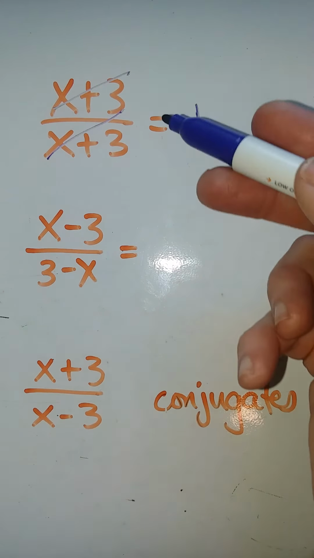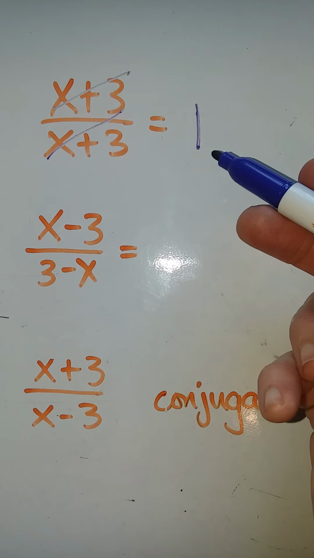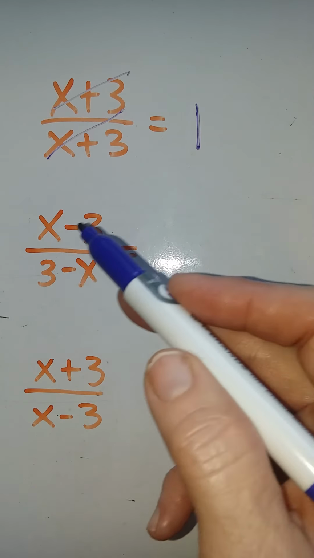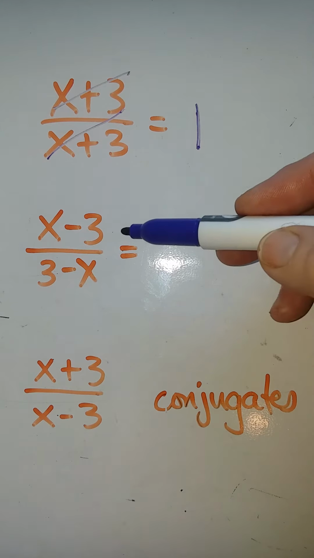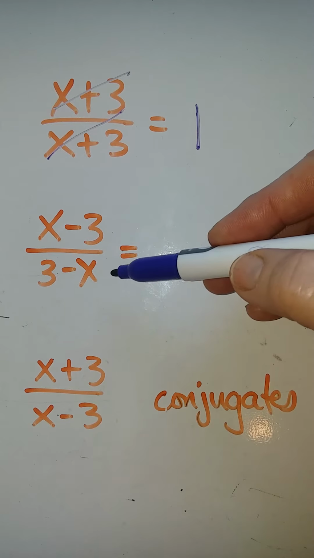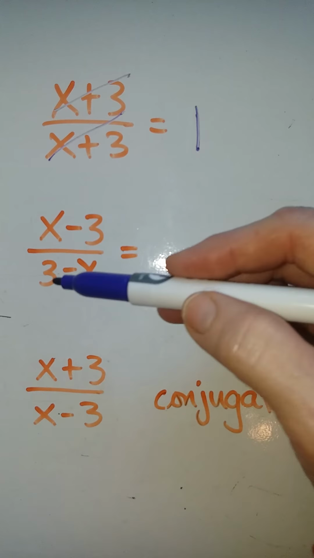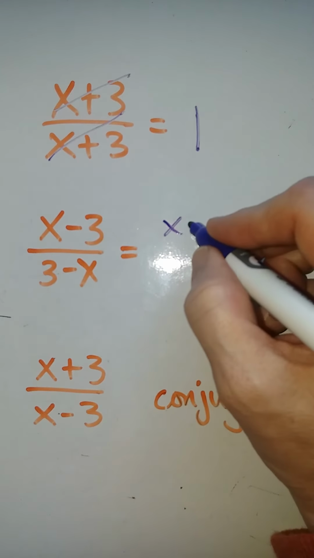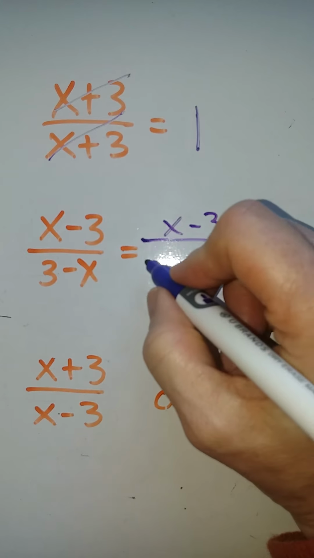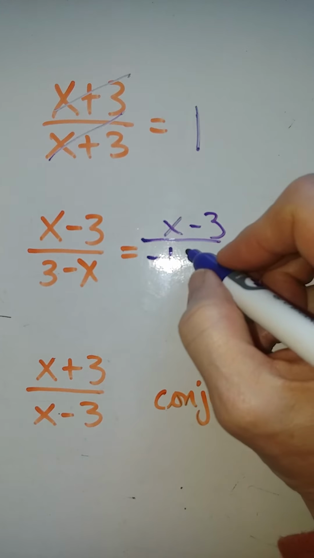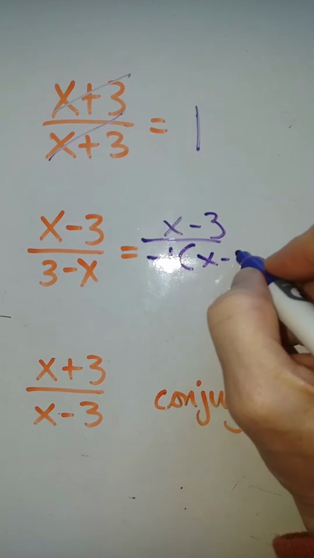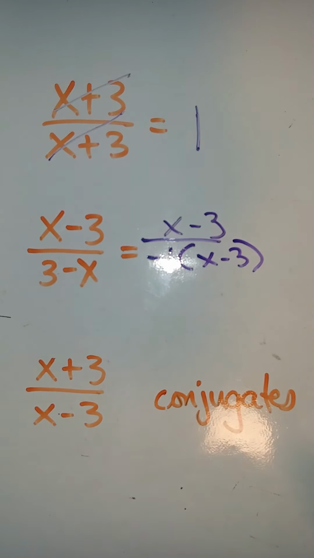These cancel out, and the answer is 1. Now this is slightly different, where we see that this is x minus 3. Now if we had multiplied this by negative 1, we would have x minus 3 over negative 1, and then x minus 3 again.